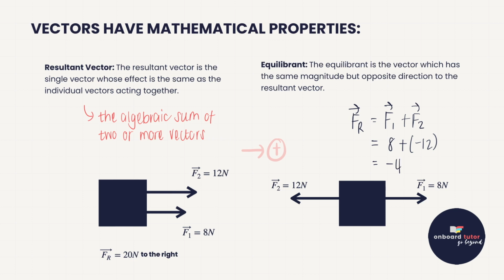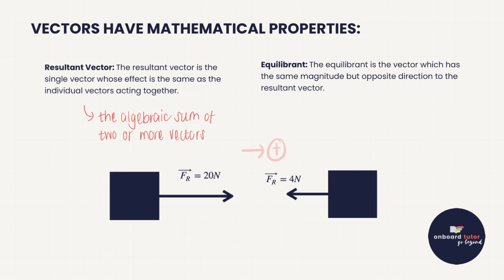But now we don't really want to leave our final answer in this way. We want to really conclude nicely what our resultant vector is in this case. So since it's a negative 4, that simply means that it is 4 newtons to the left.